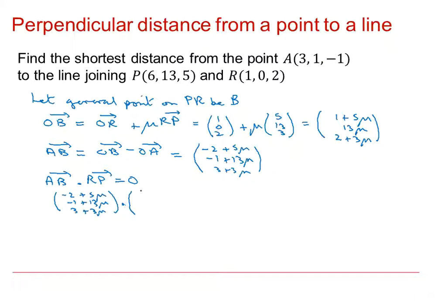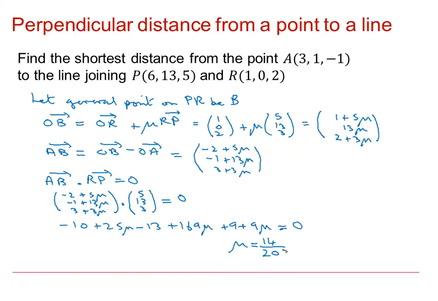Dotted with (5, 13, 3), that dot product must be 0. So when we complete the dot product, we get minus 10 plus 25 mu, plus 13 plus 169 mu, plus 9 plus 9 mu, and it must add up to 0, and when we solve it we get the parameter is 14 over 203.